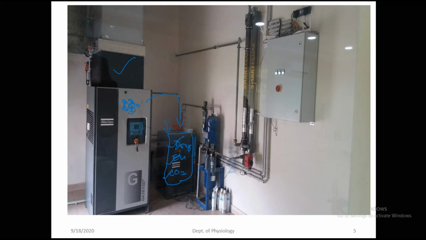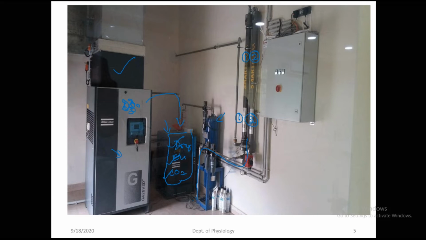So this is the dryer, this is the compressor, and then we have pressurized vessels here, and this pressurized air goes into these two filters. This is one filter, this is the second filter.